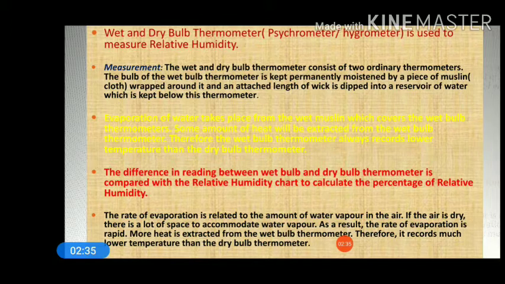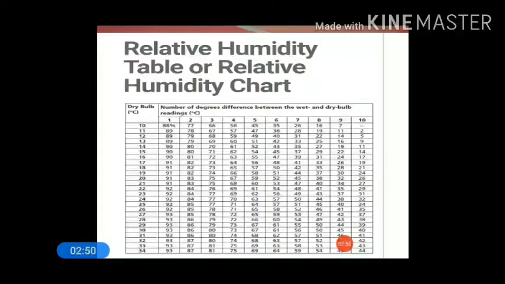Now the difference in reading between the wet bulb thermometer and the dry bulb thermometer is compared with the relative humidity chart to calculate the percentage of relative humidity. So we can see the chart here. First of all we need to find the difference between the wet bulb temperature and dry bulb temperature.